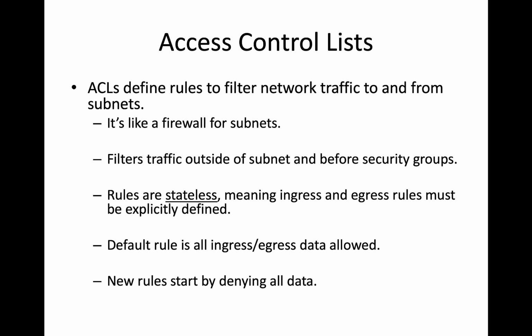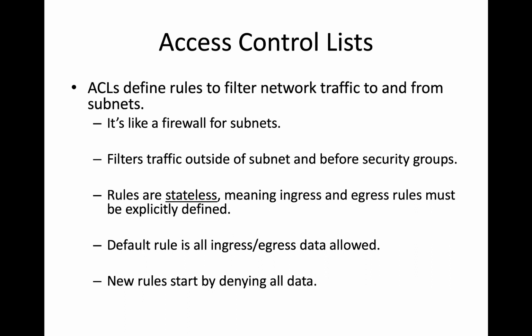By default, the access control lists that are configured on subnets that you create will allow all ingress and egress data. That's the default. In other words, there is really no access list restriction on data traffic for subnets that you create.